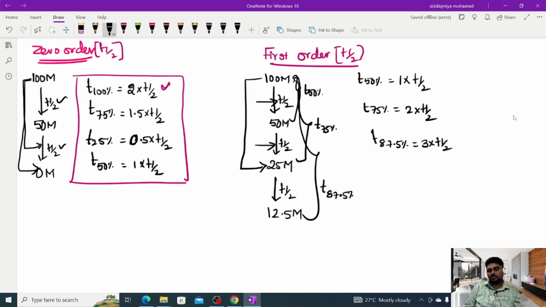You can see 1 T half, 2 T half, and 3 T half. And if you go for another T half, it will become 6.25 molar.